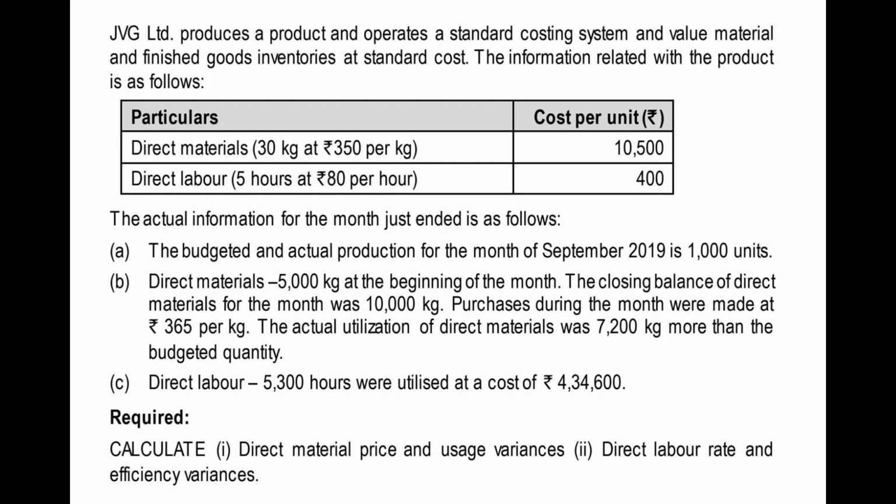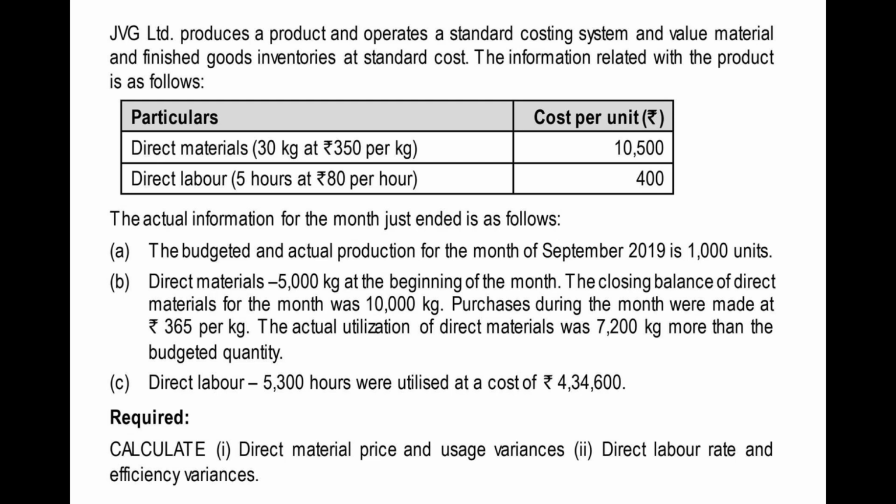Direct materials: 5000 kgs at the beginning of the month. The closing balance of direct material for the month was 10,000 kgs. Purchases during the month were made at 365 per kg. The actual utilization of direct material was 7200 kg more than the budgeted quantity.